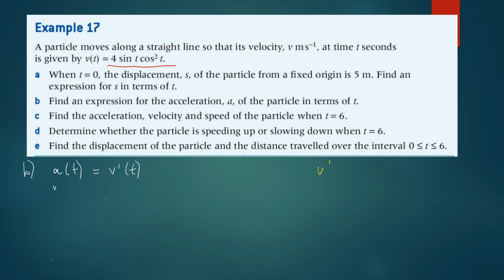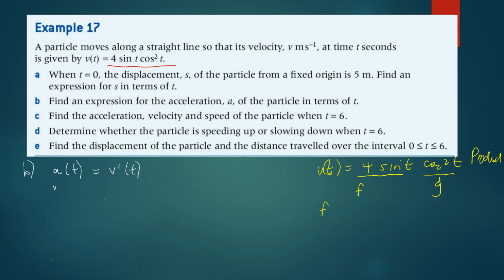Your v of t is equal to 4 sine t cosine squared t. What rule shall we apply? We use the product rule. So we have here a product of this and this one. So let's say this is your f and this one is your g.